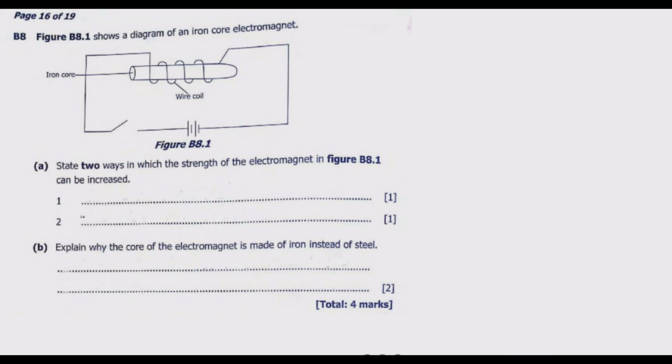So one way in which we can increase the strength of the electromagnet in this case is by increasing the current flowing through the circuit, so by increasing the current in the coil. So we need to increase the current that flows through this circuit.